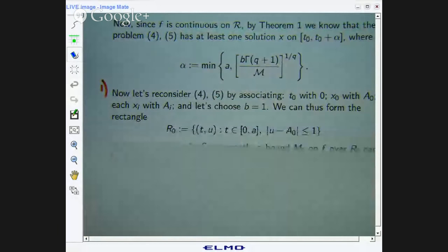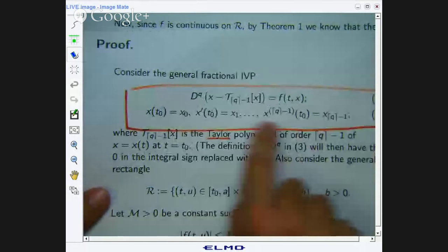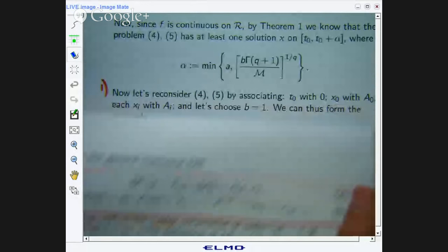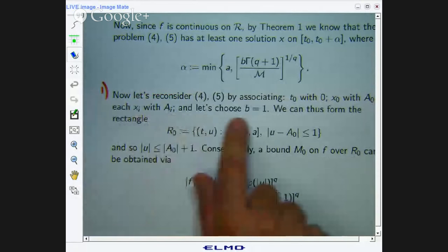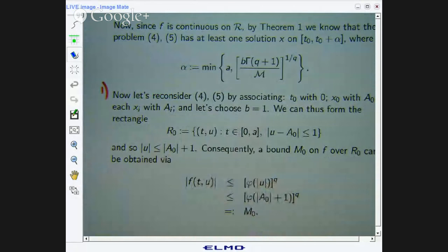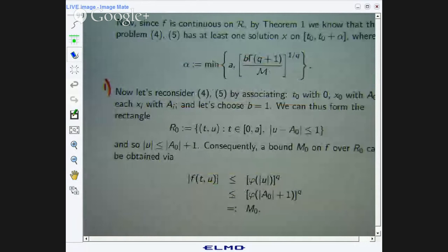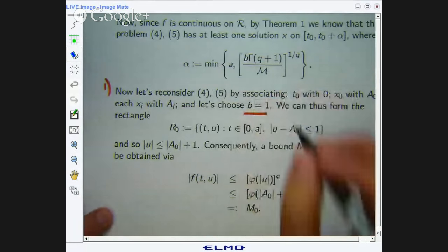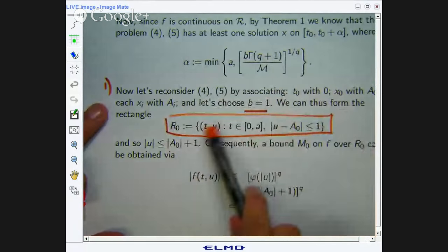Let's reconsider this general problem by associating T0 with 0, x0 with a0, each xi with ai, and let's choose b equals 1. So now essentially I'm back to the original problem that I started with, 1, 2. I've chosen a particular value for little b in my rectangle, so I've got a rectangle here, which I've called R sub naught.